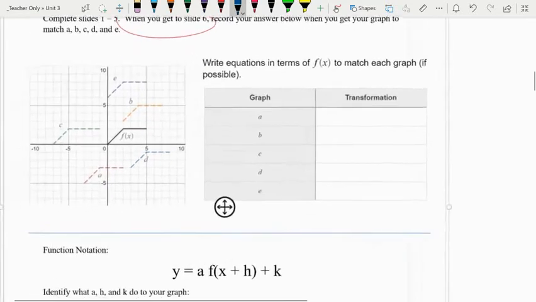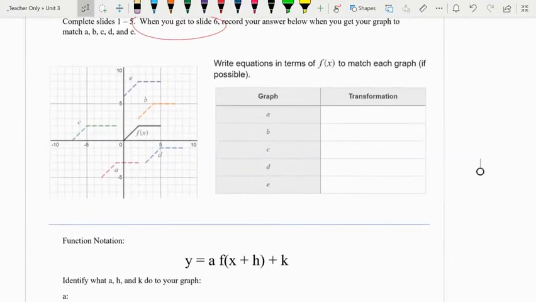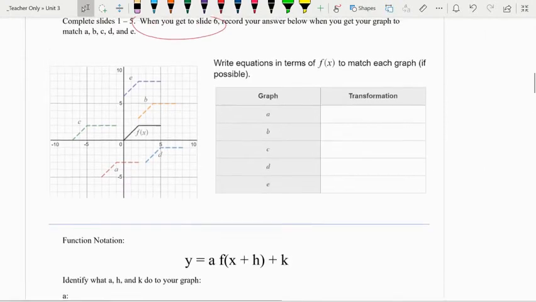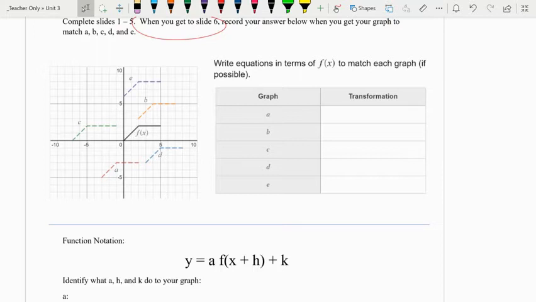So on slide 6, hopefully we're starting to get a grasp of what this looks like in function notation, right? For letter A, okay, that would be the red one right here, right? In order to get that to look like f of x, okay, we had to go down 1, 2, 3, 4, 5, all right, and left 1, 2, 3, okay? So essentially you're thinking down 5, left 3, okay?